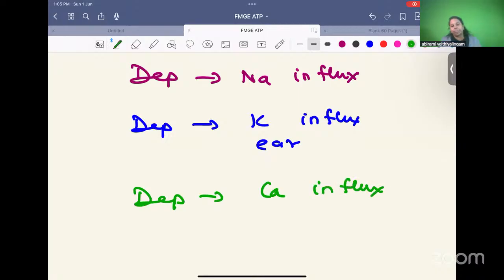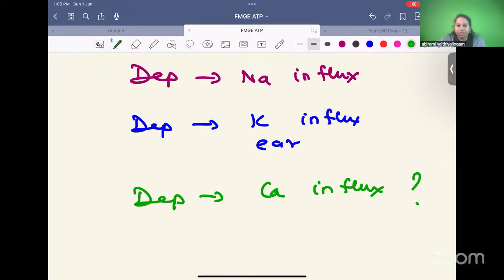Can you tell me where it is due to calcium influx? Not the NMJ. In the neuromuscular junction also, sodium came inside and therefore you had depolarization. Depolarization will open up voltage gated calcium channels. Don't confuse this. Remember the first step, sodium came inside. That is why you had depolarization. That voltage is sensed by voltage gated calcium channels.